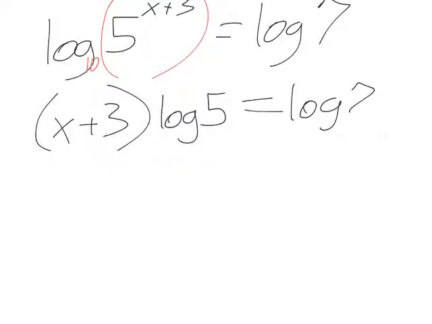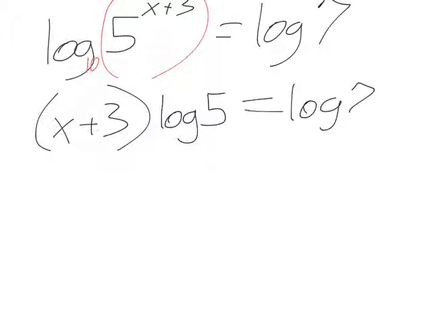What we do want to do, remember we're solving for x, and so we need to distribute this logarithm to both terms here so that I can manage to isolate this variable right here, okay? So I'm going to do that. You can also alternatively just divide both sides by log 5. It'll give you a little different looking exact form answer that can be rewritten in the form that you're going to see me write if you wanted to go that route.